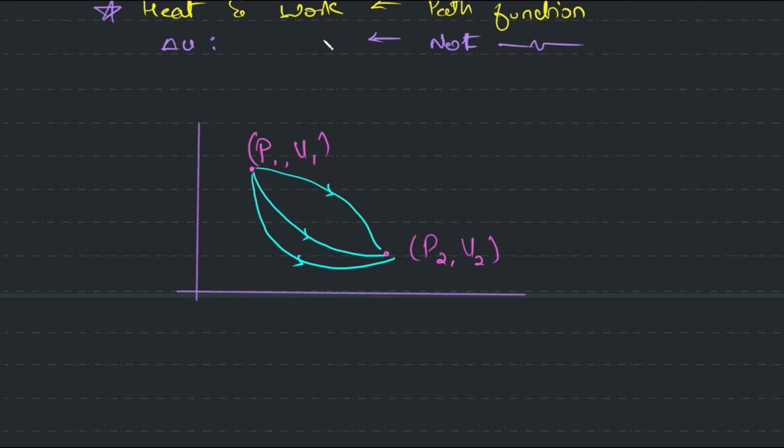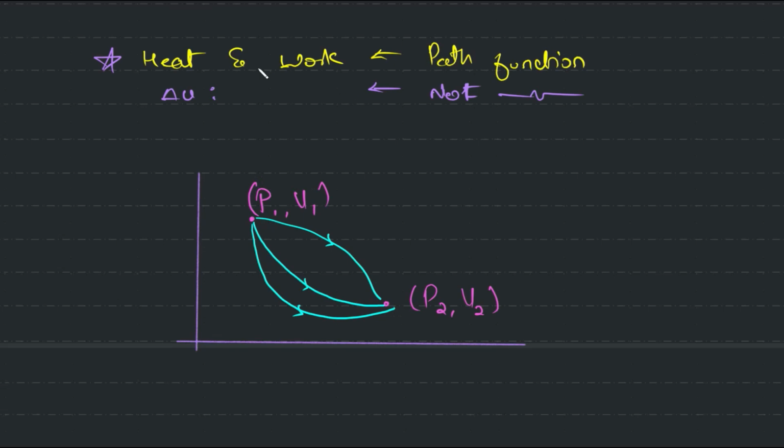Heat consumed or heat given, work being done or work done on the system will have a different picture altogether. So it's not only that the initial and the final destination is same. When you talk about heat and work, you need to understand that it is a path function. That is, it depends on what path we are taking. It's a very important aspect.